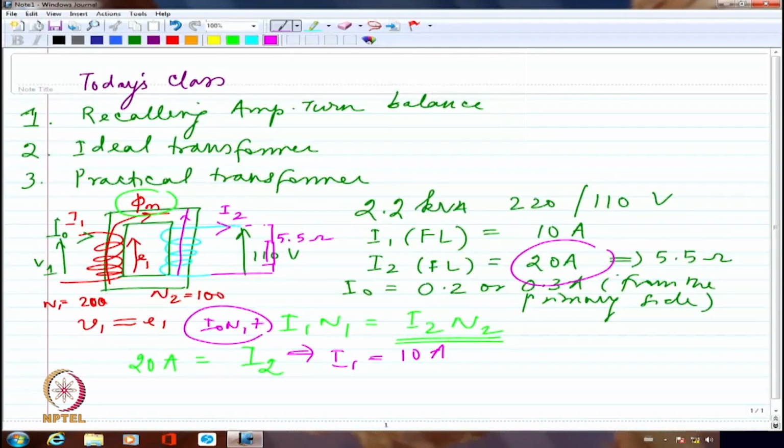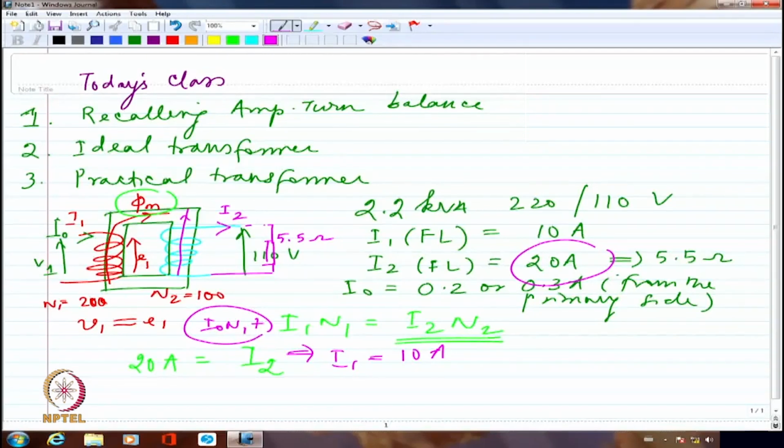It is not going to be any different from that of I1, which we will see eventually when we are drawing the phasor diagram. Right? Is this clear? So the ampere turn balance essentially is the major underlying principle of transformer action. We will revisit this for every kind of transformer that we are going to talk about.